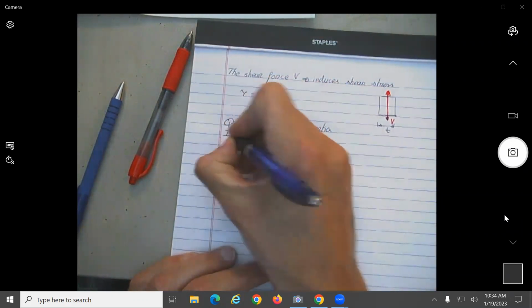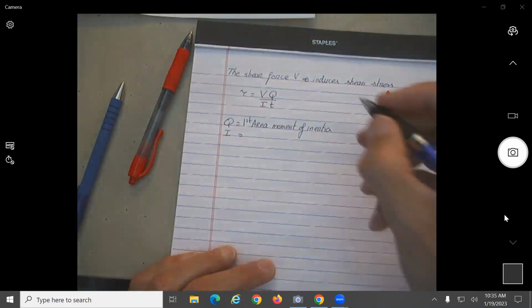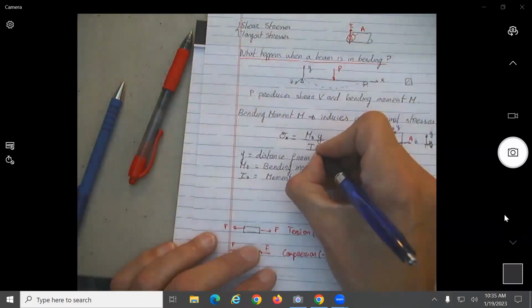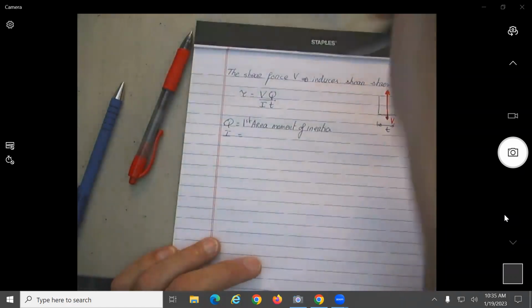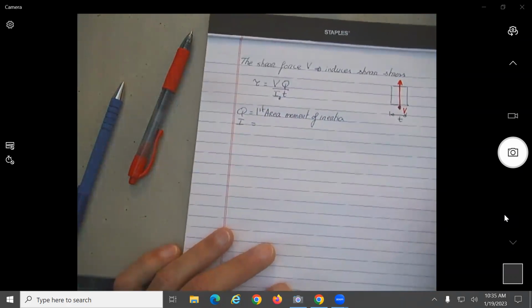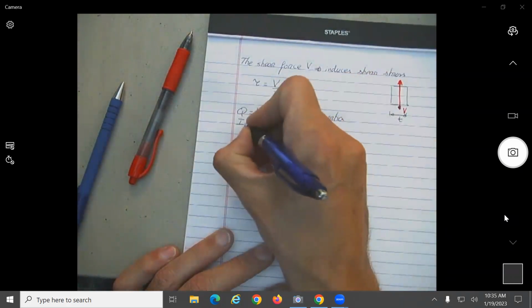And I, okay, in this case, should be about which axis? I mean, same as before, this should be, oh, I didn't put it here. So this should be about the Z, the same Z as in the previous equation. And this one again, this should be Z. Okay, Iz is the moment of inertia.